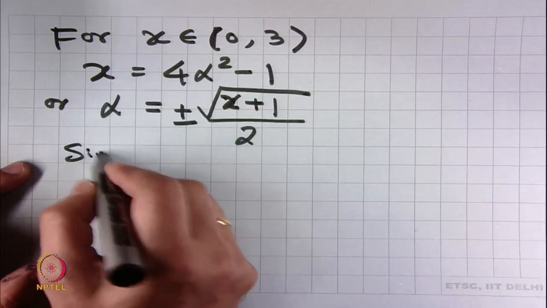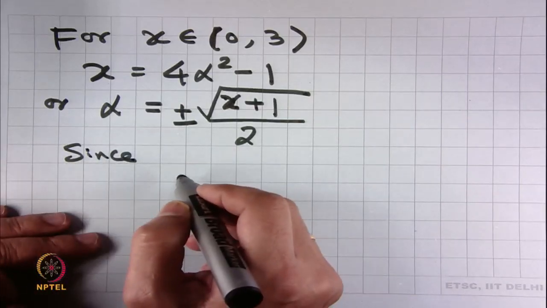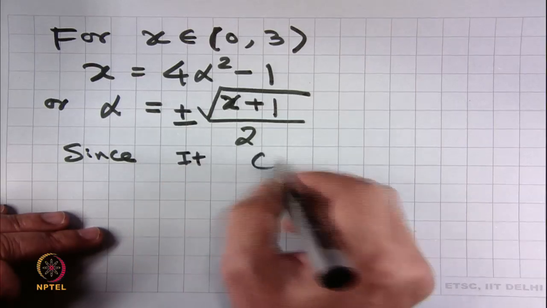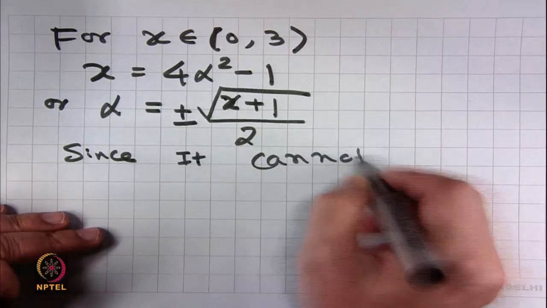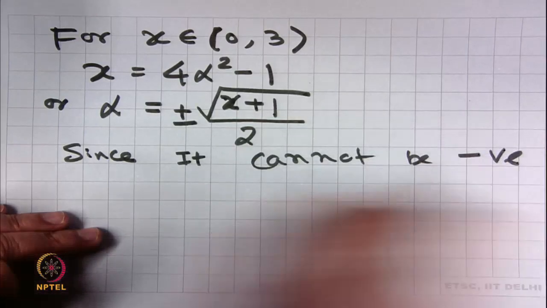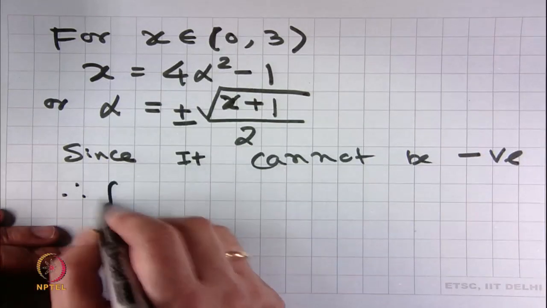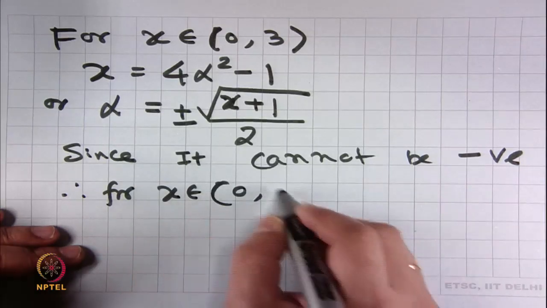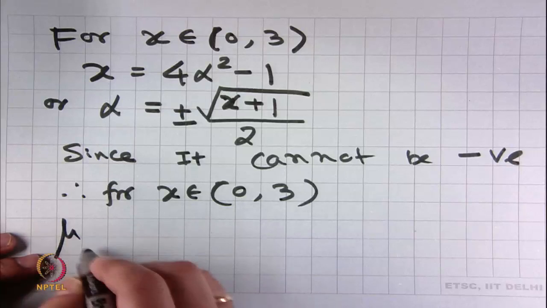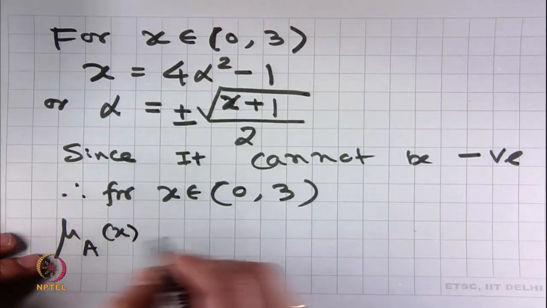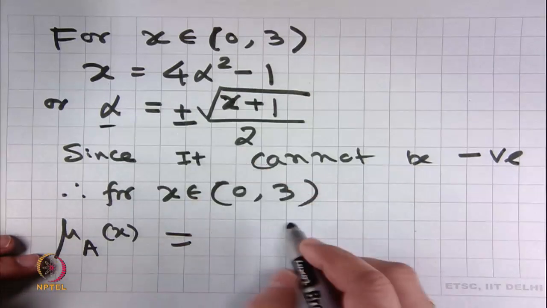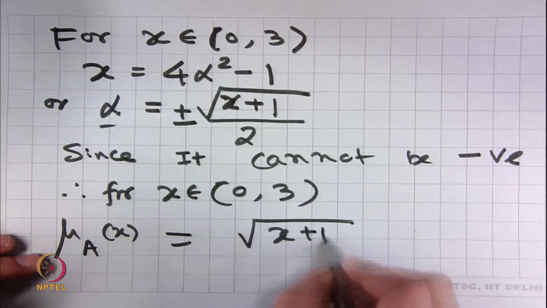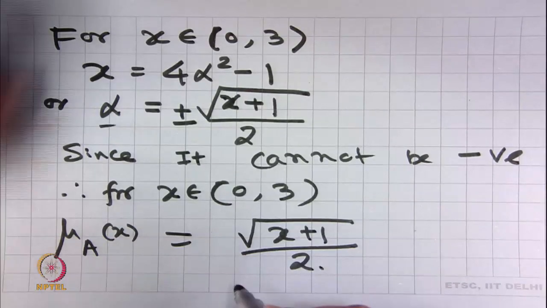Since it cannot be minus, therefore, for x belonging to 0 to 3, mu a of x, which we denote by alpha, is equal to root over x plus 1 by 2.